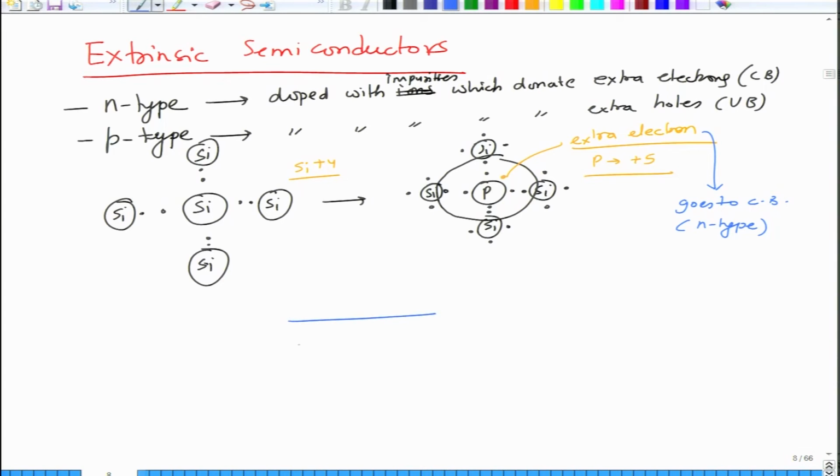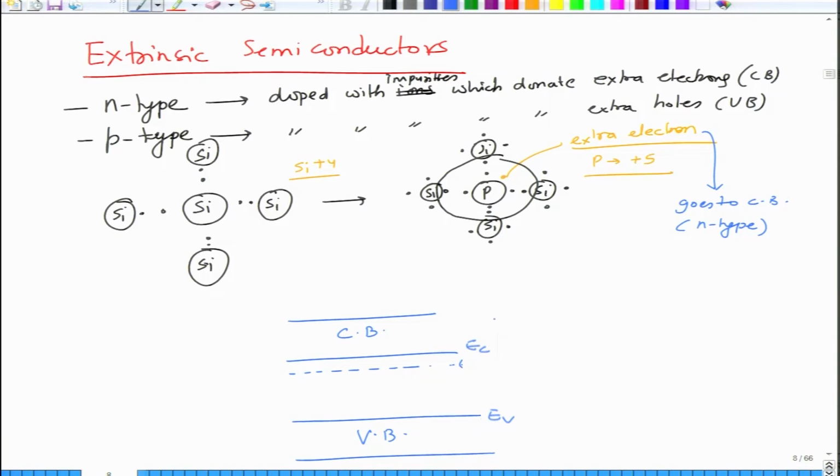So what it leads to in terms of band representation is, we have silicon whose valence band is here, conduction band here, this is EV, this is EC. When you dope it with phosphorus, phosphorus creates an energy level which is called the donor energy level, ED.